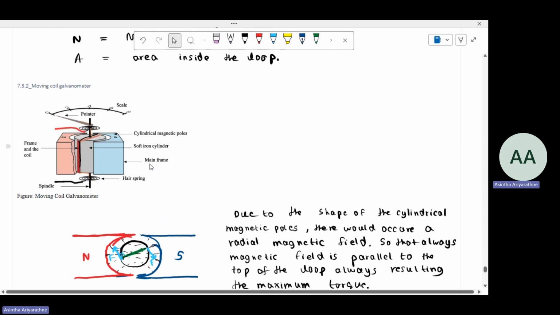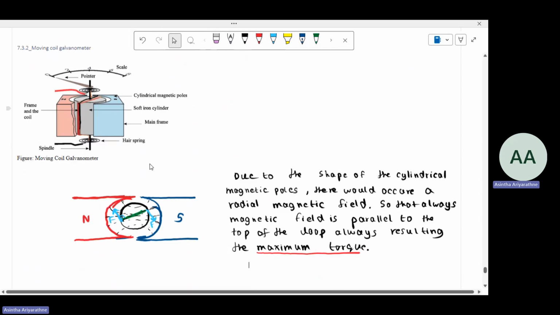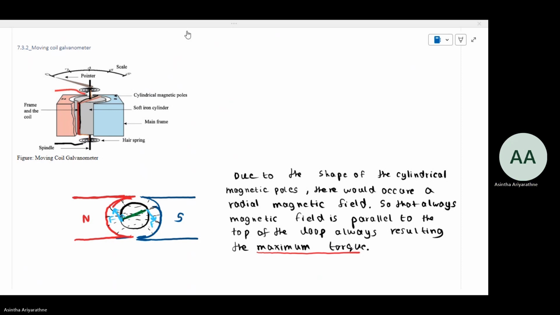If there were no hairspring, the loop would rotate continuously when current flows through it. Actually, that's what happens in a DC motor. But here, after some point, the loop should stop.